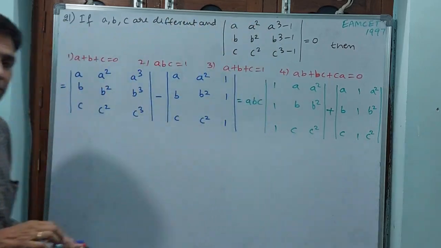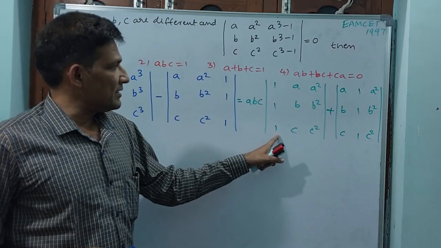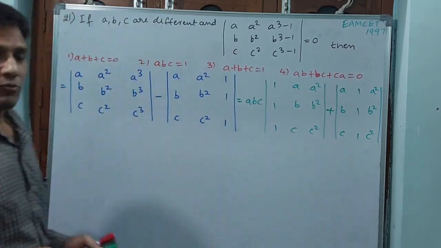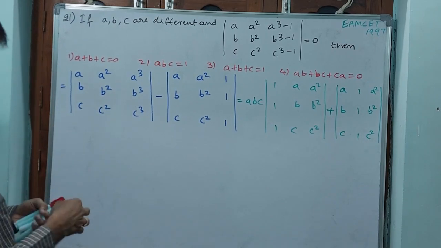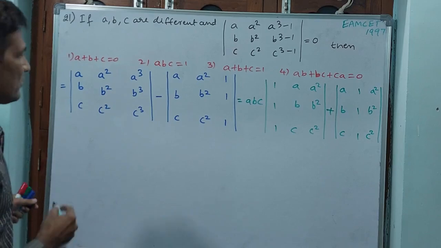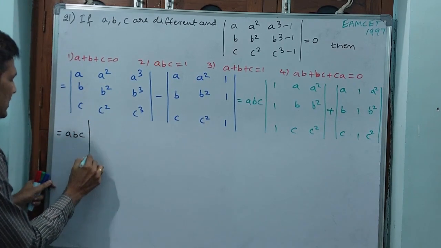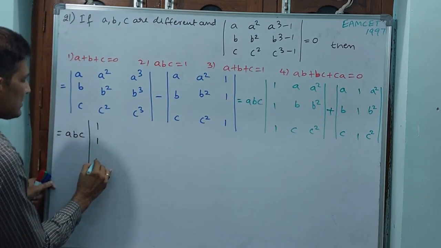You understand this? Okay. Still I want to make it like the first one. So again I am interchanging column 1 and column 2. ABC you keep like this only, and this determinant you keep like this only, because you are going to make that determinant also like this.